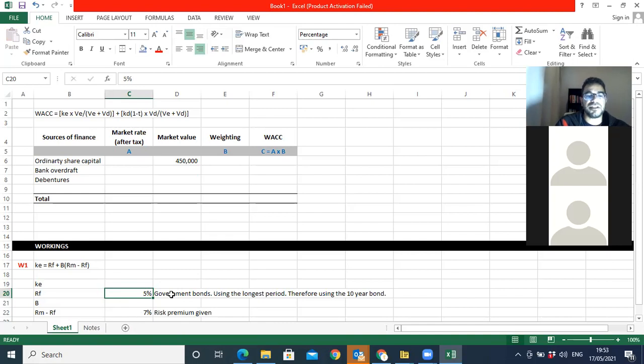I just want to mention something over here. I see they're not using 5%, they're using a different percentage. What you must understand is that your weighted average cost of capital represents the cost of finance for the general company. It does not represent a specific investment. It represents the cost of finance for the company as a whole. That is what WACC refers to.